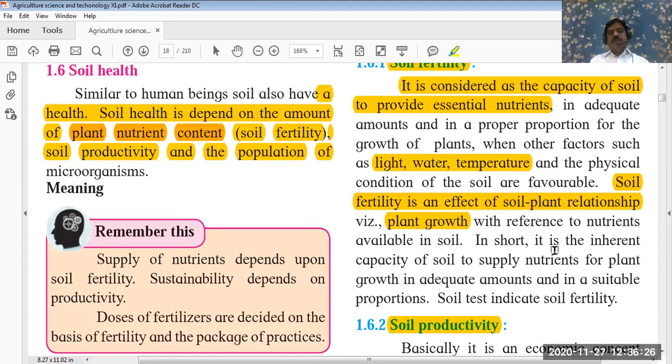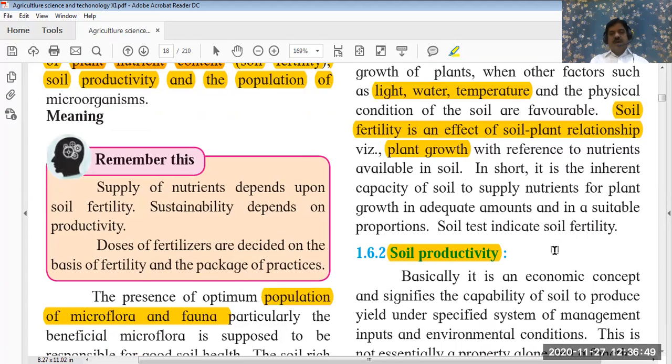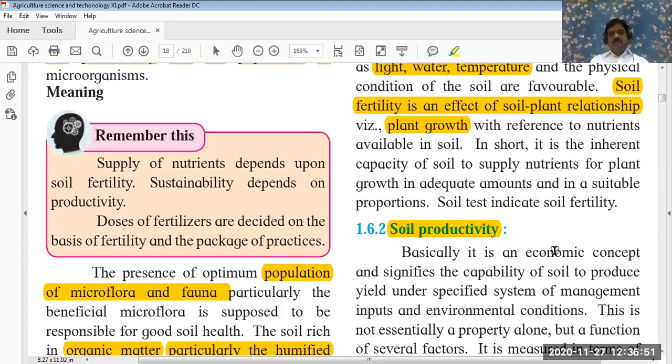If soil is fertile, there will be more growth. If soil is productive, there will be more production. If the soil is poor, then plant growth will not be good. Again, the seed should be of good quality. If seed has poor germination, there will be no proper germination. Many things are there, so soil-plant relationship is a very important factor to be remembered.